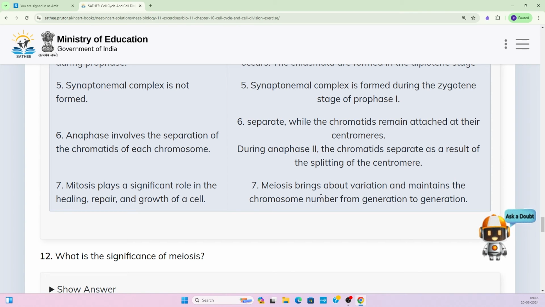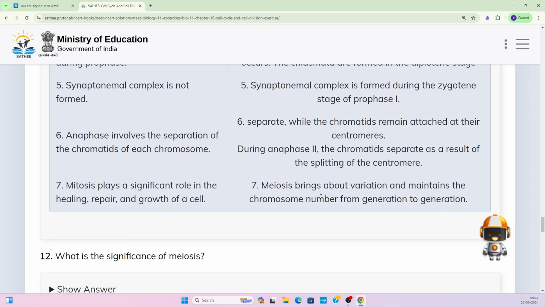During anaphase 2, the chromatids separate as a result of the splitting of the centromere. So at anaphase 2, the centromere divides and the chromatids separate into two parts.